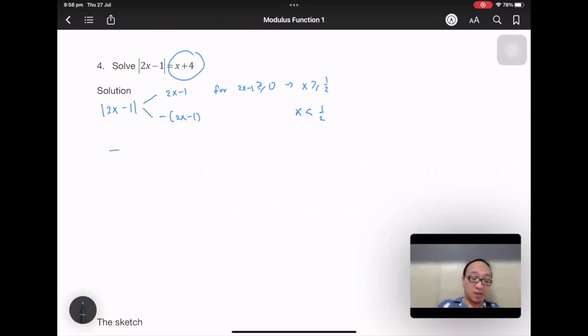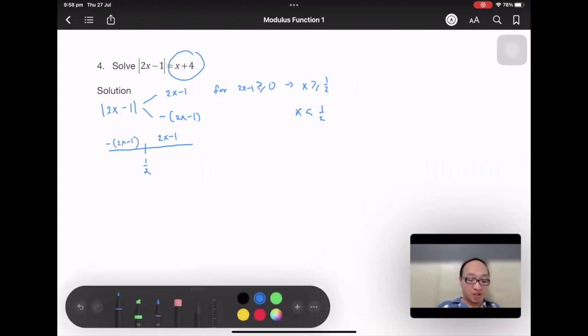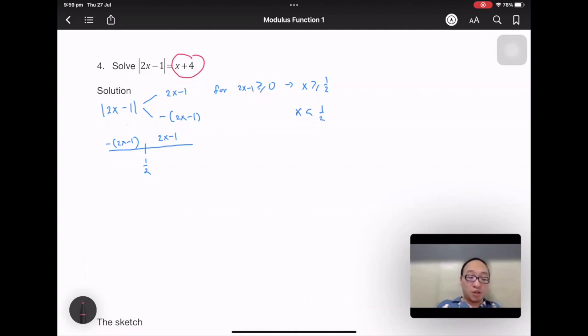So that means using the number line, this is half. Greater than half is positive, and smaller than half is negative. And for the right part, it's always positive, x plus 4 for both regions, because it is not a modulus function.